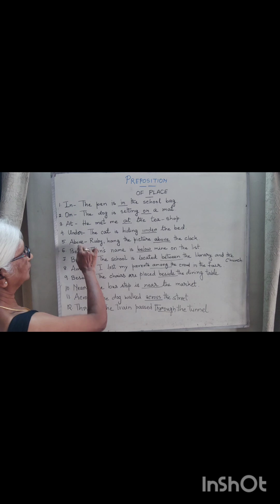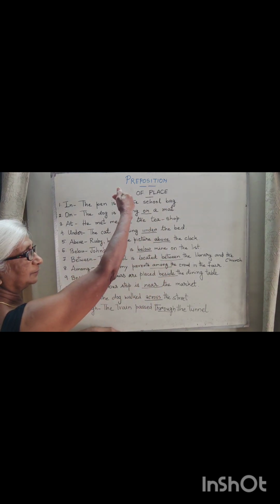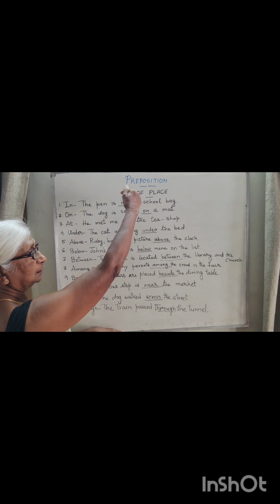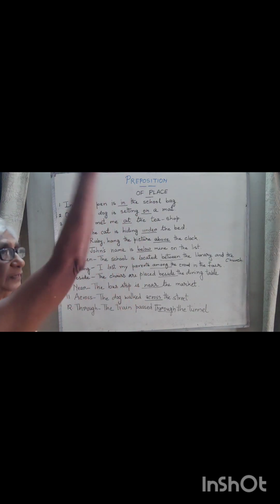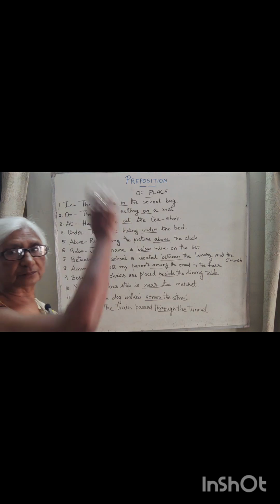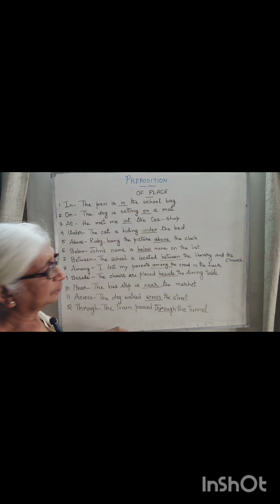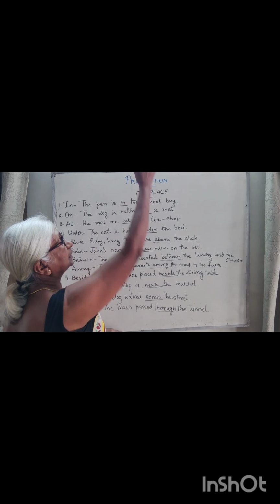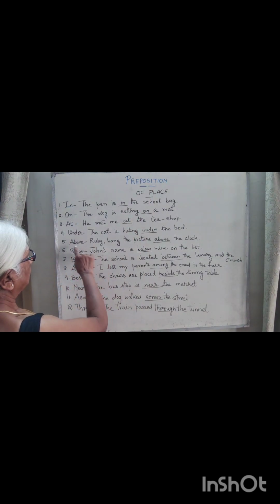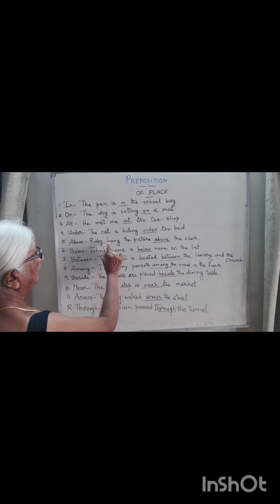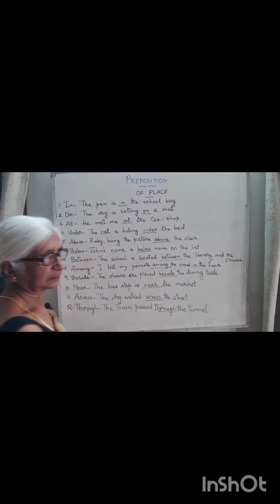Next, above. Above means a little above something, a little over something. Okay. Above can be very high. I told you in case of sky and all it is far above, but it can also mean a little above. Okay. So here the sentence, Ruby, hang the picture above the clock.